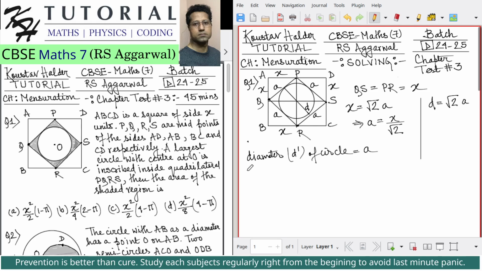So this implies that d dash is equal to a, and a is equal to x by square root of 2. So the diameter of the circle is x by square root of 2.